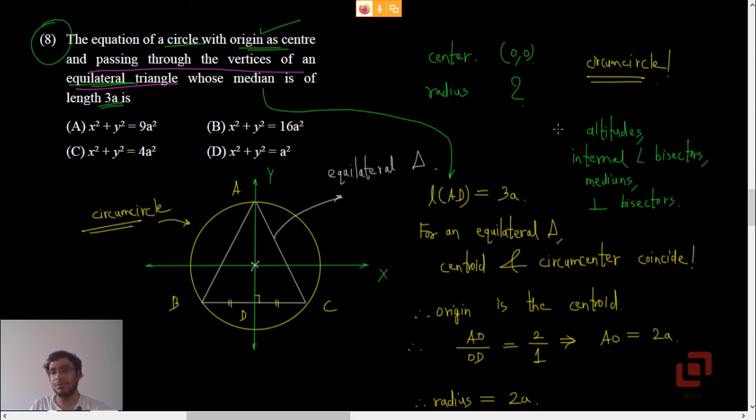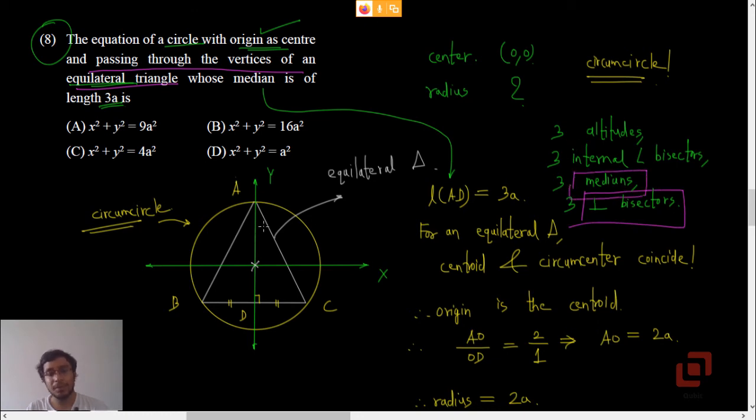Usually a triangle has 3 altitudes, 3 internal bisectors, 3 medians and 3 perpendicular bisectors, but it is only in the case of an equilateral triangle that all of them coincide. So the altitude will be the internal angle bisector as well as a median as well as a perpendicular bisector. Out of these 4, we are now going to make use of the fact that the perpendicular bisectors are the same as the medians.